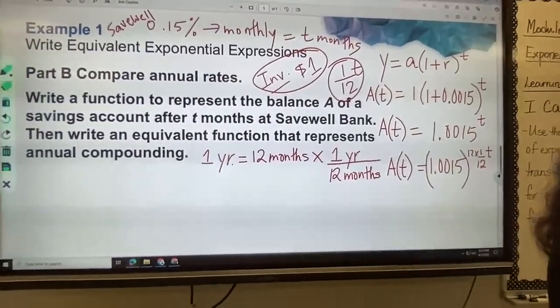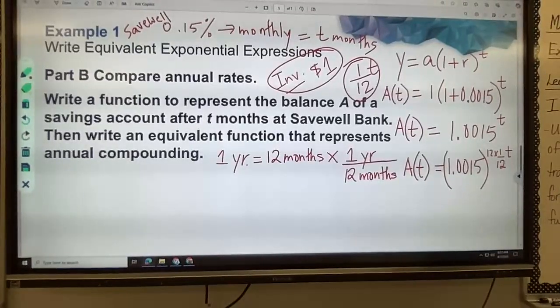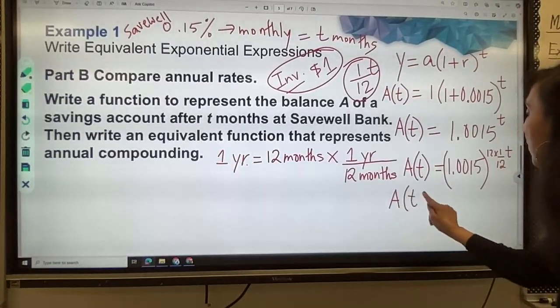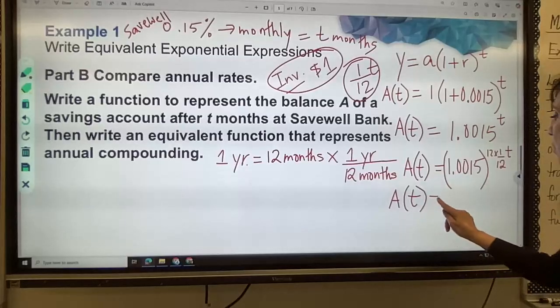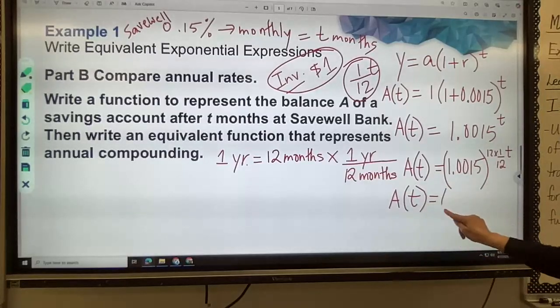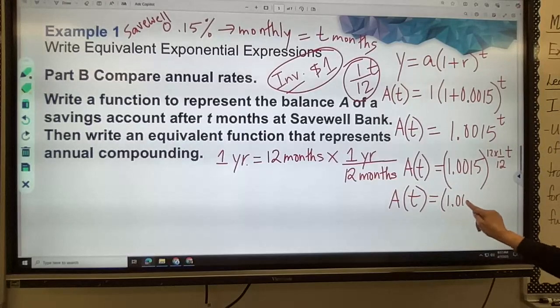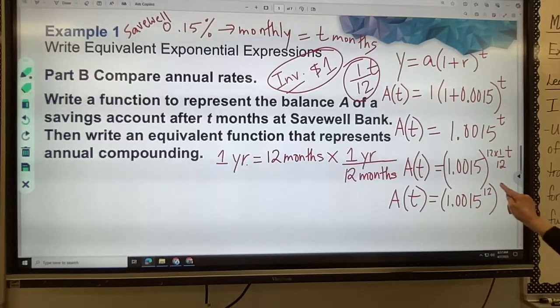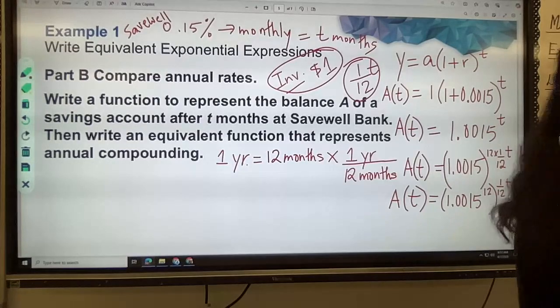Okay, and so then when I look at this, I can do the power of a power property, so a of t is equal to 1.0015 raised to the 12th power. Now look, I have my 1/12 t, and that is what I'm trying to get to.